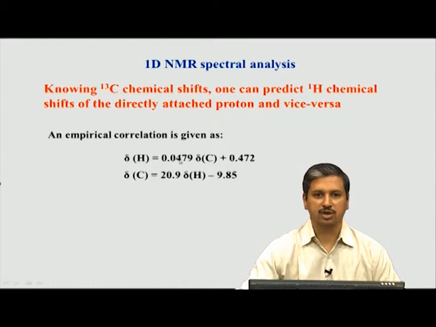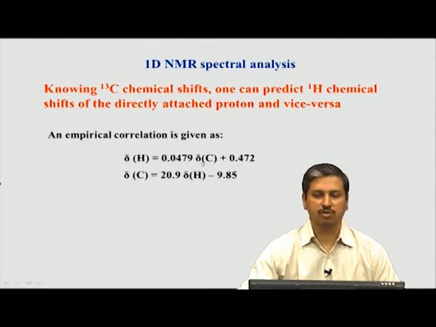Similarly, let us take an aromatic system. So, aromatic carbon we know comes typically somewhere around 140 ppm. If you multiply this 140 with this and actually you do the math, it will come somewhere around 7 ppm. So, you see that hydrogen for aromatics we know comes somewhere around 7 ppm, between 7 to 8, let us say 7.5 ppm.